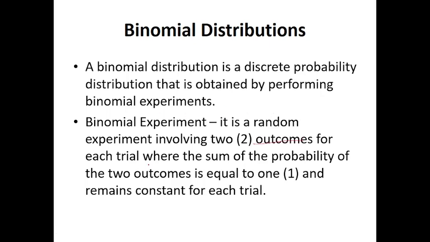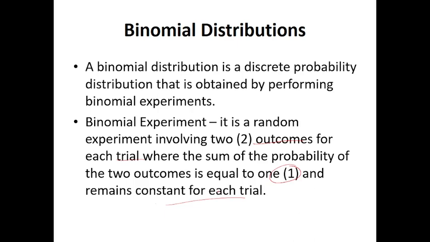For each trial, let's say trial 1 of the experiment, trial 2, trial 3, and so forth, the sum of the probability of the two outcomes is equal to 1 and remains constant for each trial. That is the characteristic of a binomial experiment.